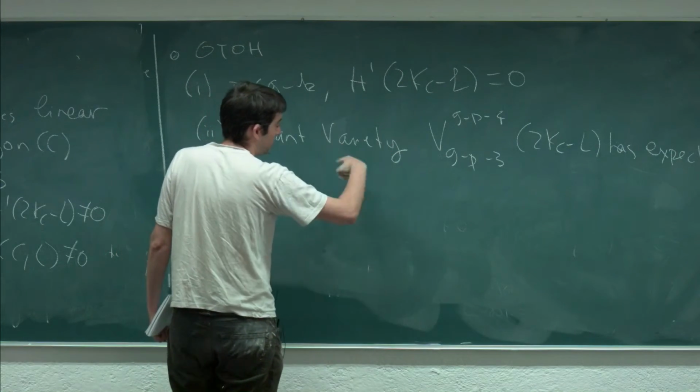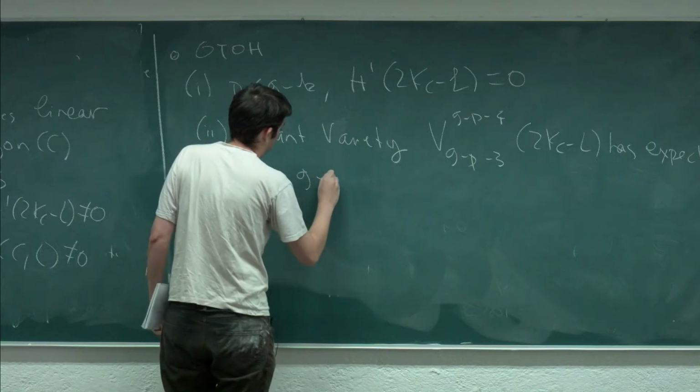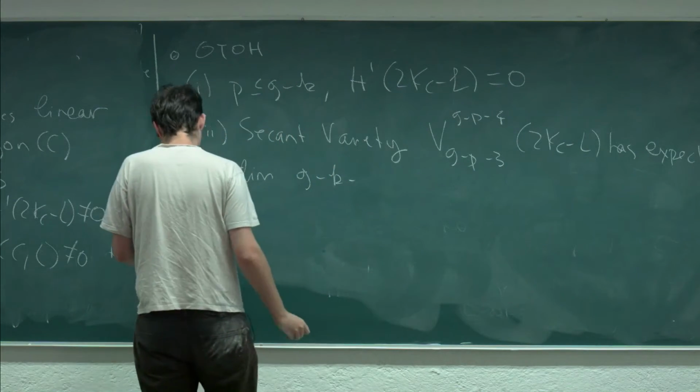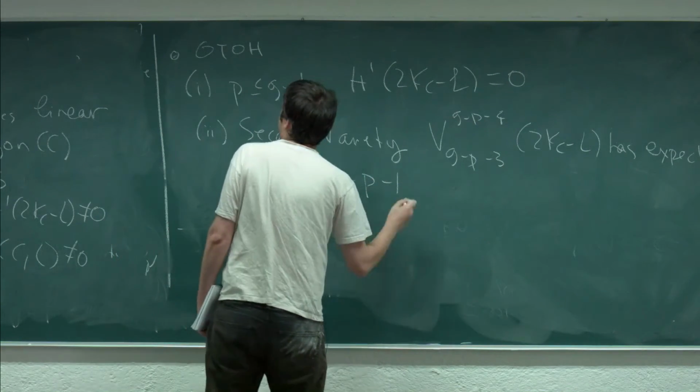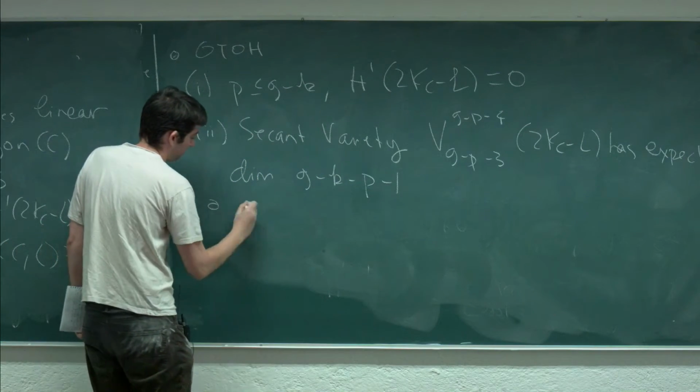So this is always some degeneracy locus and always has dimension at least the following number, g minus k minus p minus 1.